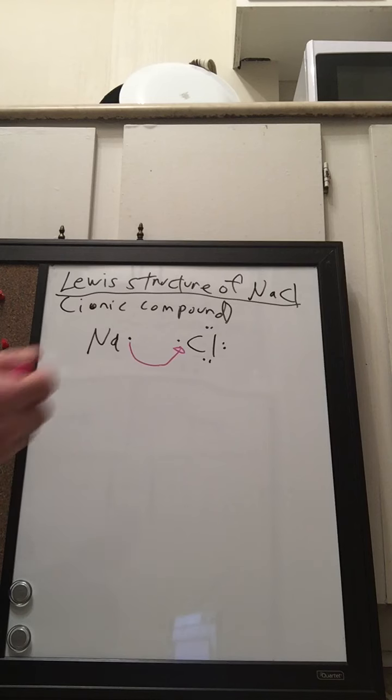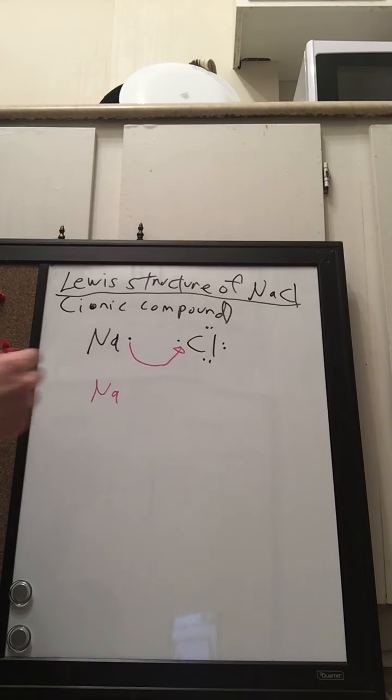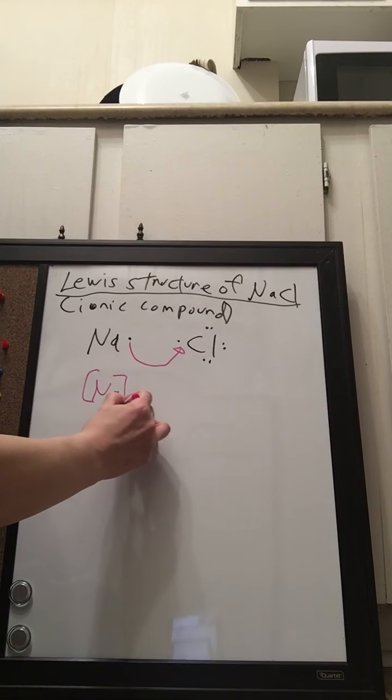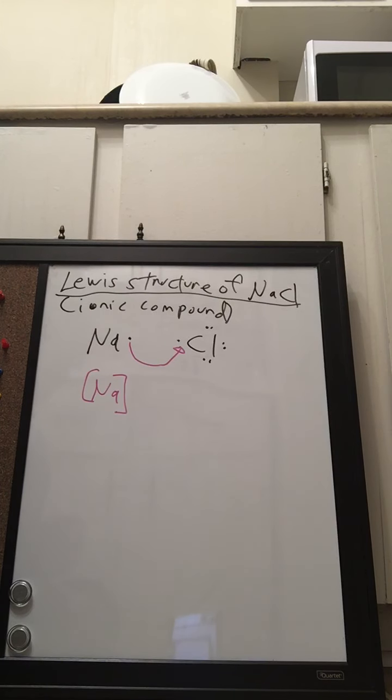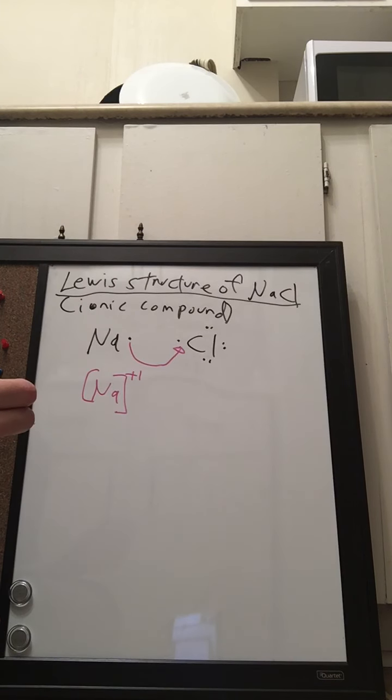So by doing so, because sodium lost an electron, it becomes an ion. And again, you gotta be careful. I have to be careful when I think about this. So the electrons are negative. So if sodium loses an electron, it gets a +1. It's kind of like it becomes that much more positive.